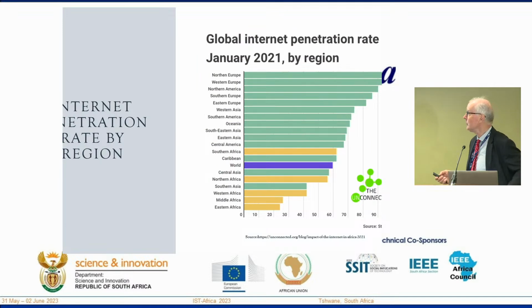And in addition, here is a figure about the internet penetration rate globally. As you see, in my country, in Northern Europe, the penetration rate is close to 100%. In Africa, which is here in yellowish, Southern Africa, it's about more than 60%, and in the rest of Africa, it's even less. So that's causing, of course, challenges.